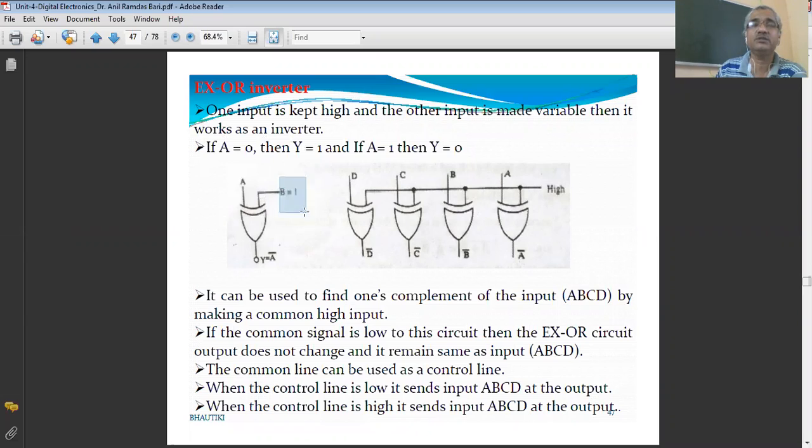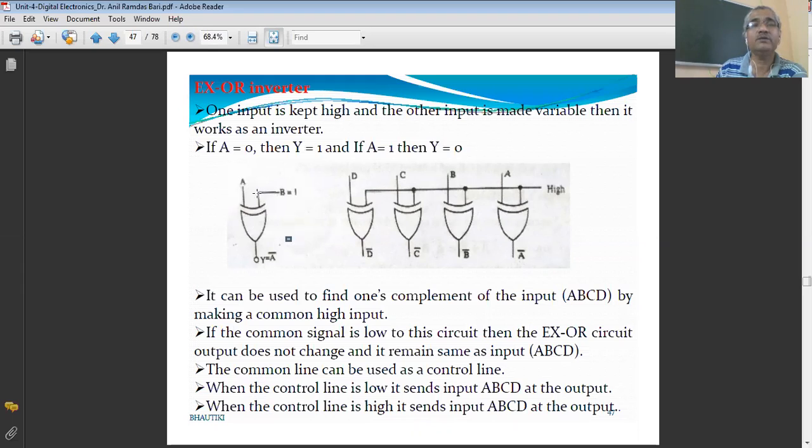Suppose this input is always kept at 1, and you apply 1 to the other input. The exclusive OR gate will produce an output only when both inputs are different. So suppose A is 0 and B is 1.